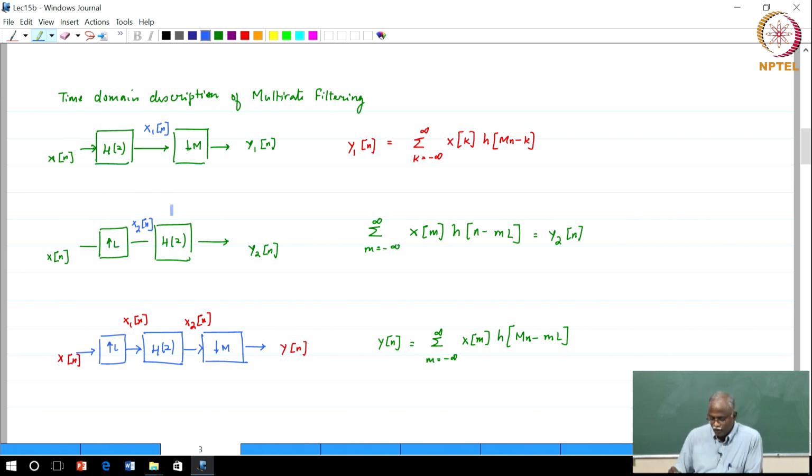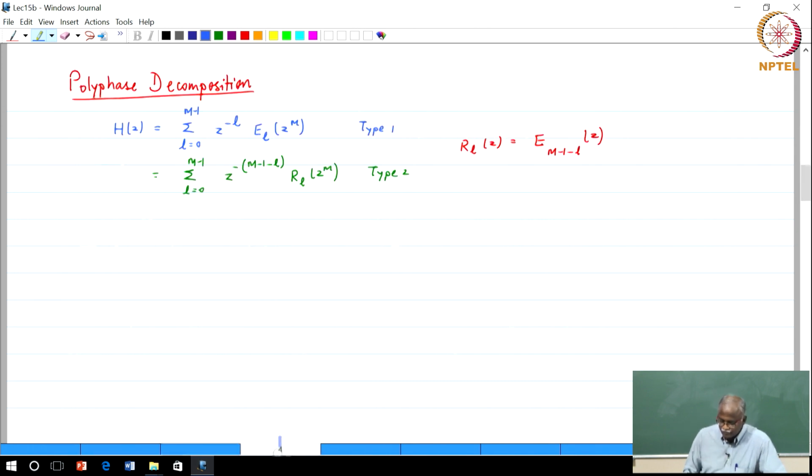Likewise, upsampling can also be written in terms of a convolution type expression, where it is not h(n-m), it is h(n-mL), where L is the upsampling factor. And of course, you can put both of them together. You look at how the input is manipulated through the coefficients of the filters, and then it gives us an expression. This helps you probably visualize what is happening in the frequency domain. So this is by way of the quick review.